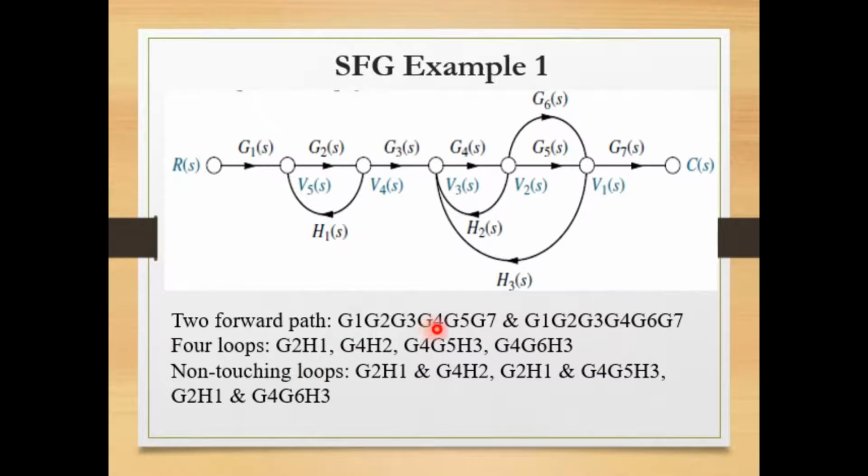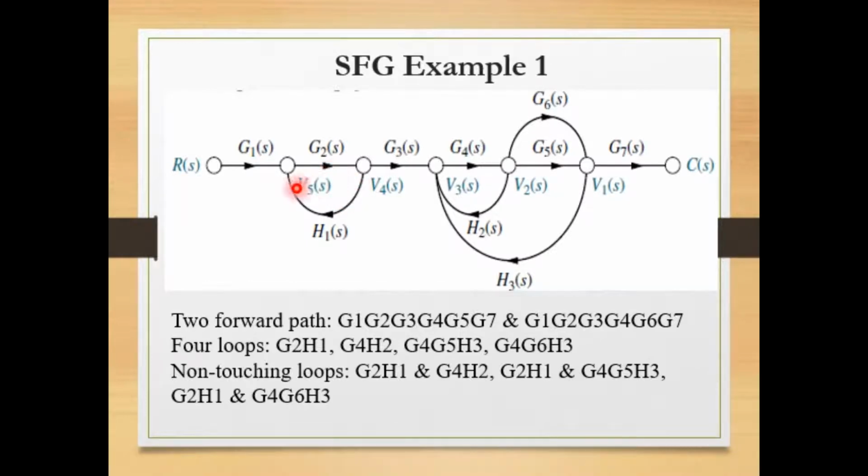So there are two forward paths. Their gains are G1, G2, G3, G4, G5, G7, and G1, G2, G3, G4, G6, G7.